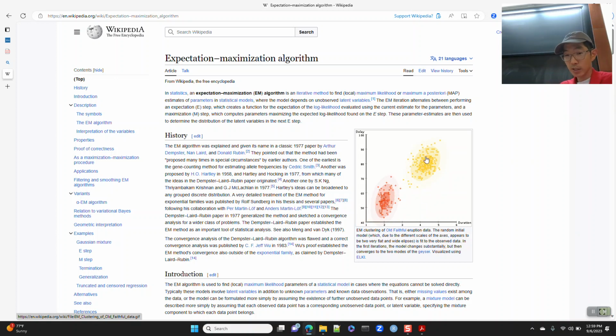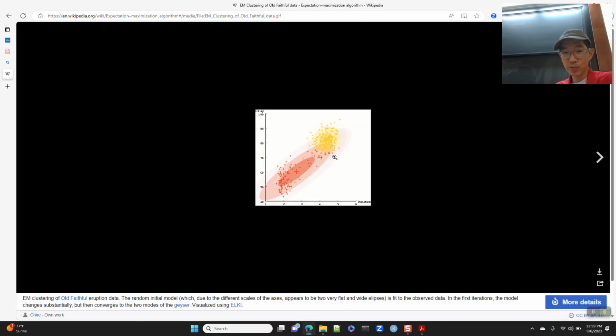This is Old Faithful eruption data, where you have two input variables: the duration of the eruption of this geyser, measured in minutes, and the length of time between different eruptions. And if you search for clusters, it identifies these kinds of clusters.